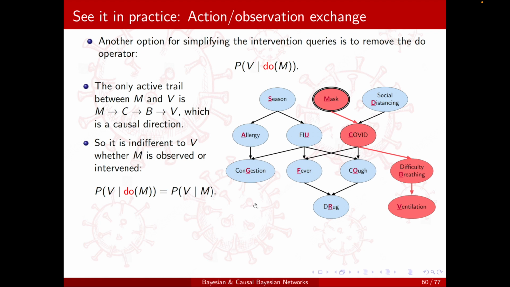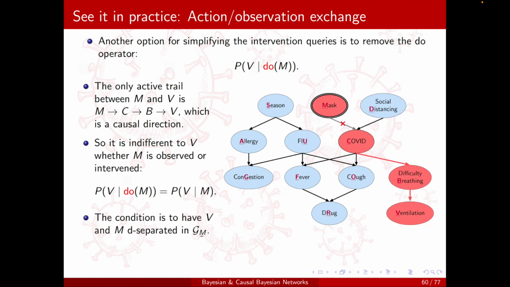Now, how can I translate it to a condition? The condition here is not about the mutilated network, it's about G of M underline. So I have to remove the outgoing edges from the intervened variable, here mask, and if I then see that ventilation is independent or d-separated from mask, then that means there's no causal relationship once I remove the outgoing links.